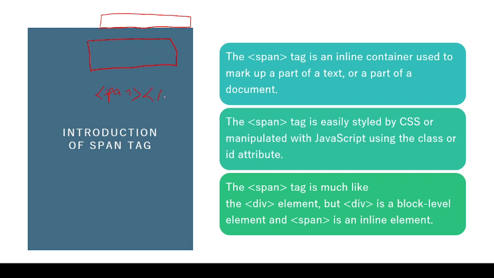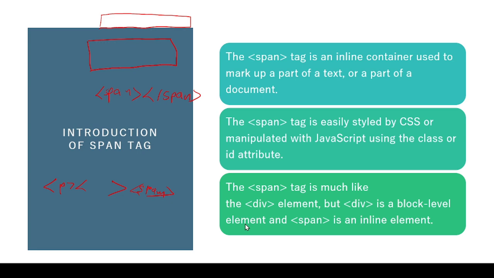It is again a closing tag, span. If we want to style a text in a paragraph or in a heading, we use the span tag. This is similar to div, but it is an inline tag and division is a block type tag.